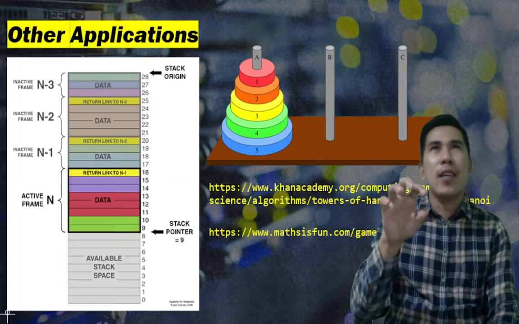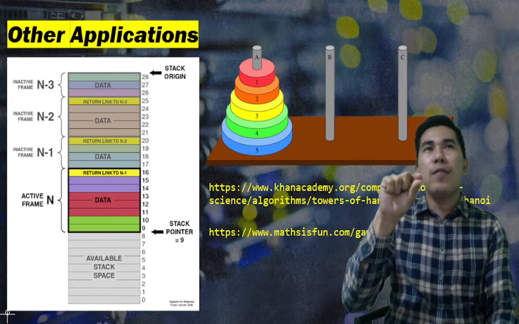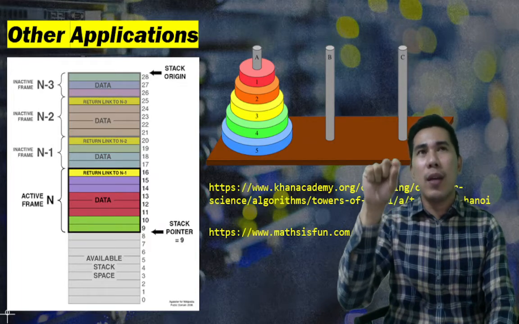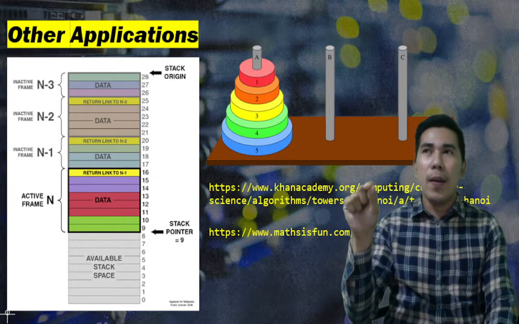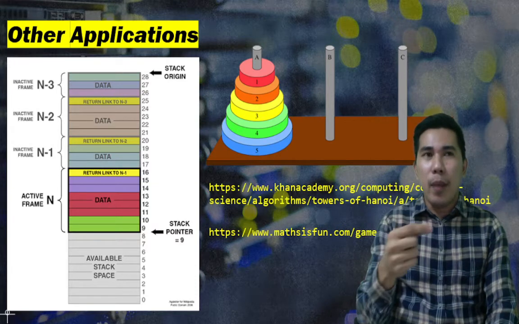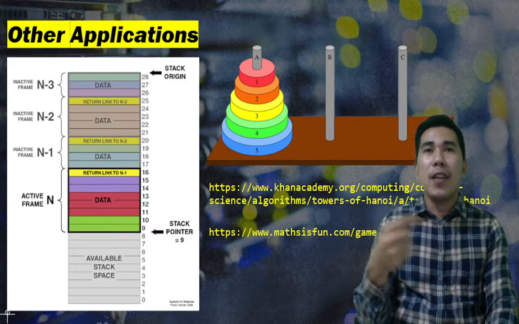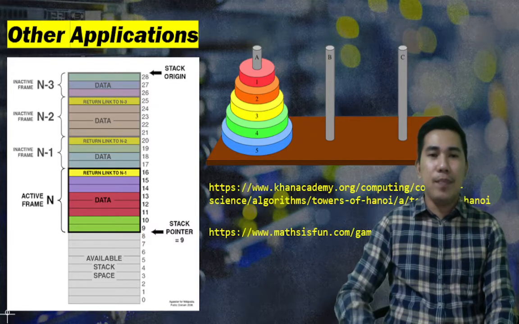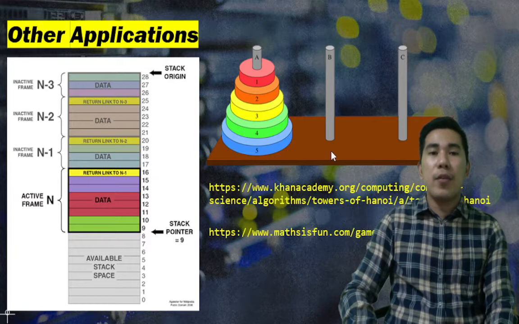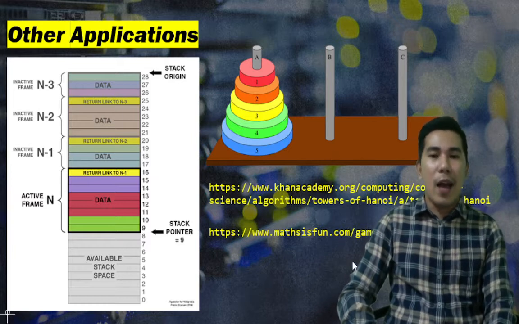Let's say you have two discs and you move the other disc to another tower. You have to make sure that the disc at the lower part or the bottom part should be larger than the upper part. So that's the basic rule in Tower of Hanoi.